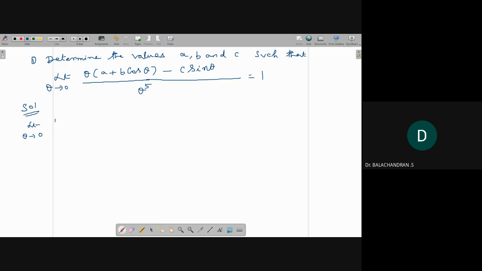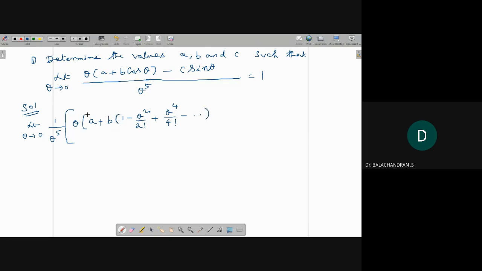So 1 by theta power 5 I'll keep here, into theta into A plus B into cos theta expansion, which is 1 minus theta square by 2 factorial plus theta power 4 by 4 factorial minus and so on, and close this bracket first.